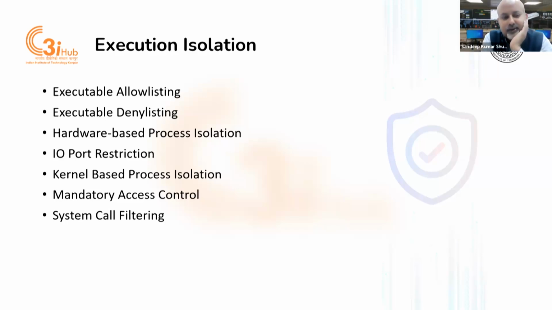You can also restrict which IO ports are allowed to be used, or you can do process isolation. Linux and Microsoft both have basic process isolation. One process is isolated from the other.